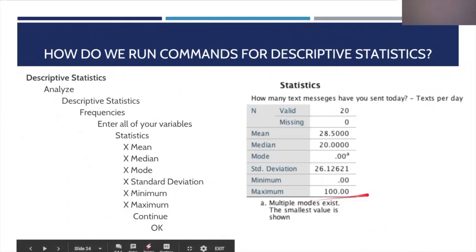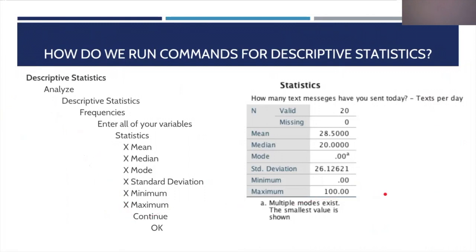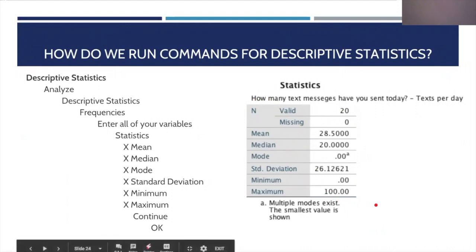This is another example of what you may find within your output view. This is a table that tells you the sample size. You have 20 data points. You have none missing. You have the mean of that variable, the median, the mode, your standard deviation, our minimum value, and our maximum value.